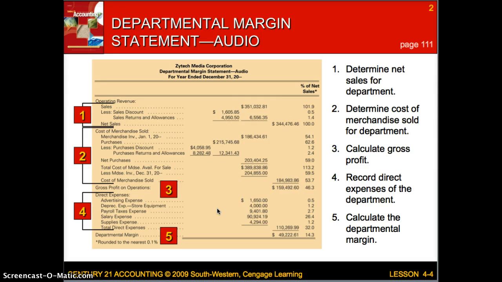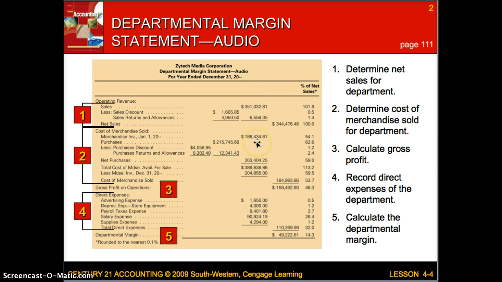department of our business. First, we need to determine net sales for our department. We know how to do that. We will take our sales minus any discounts, returns, and allowances to get our net sales. Then we need to determine the cost of merchandise sold for the department. We will do that by taking our beginning inventory and adding any purchases, less any purchase discounts or returns, which will give us our net purchases.